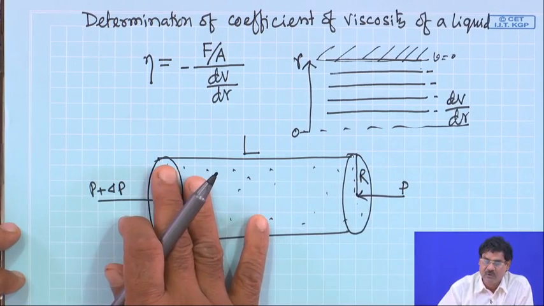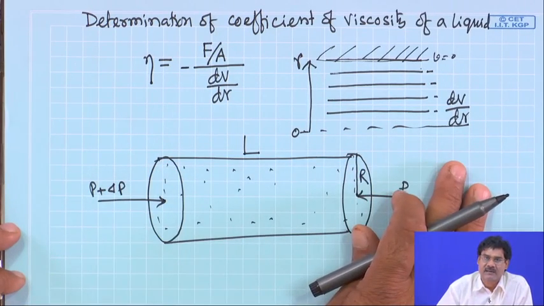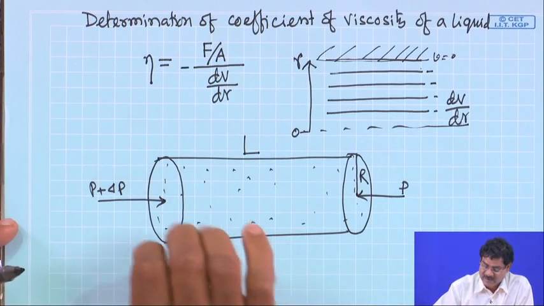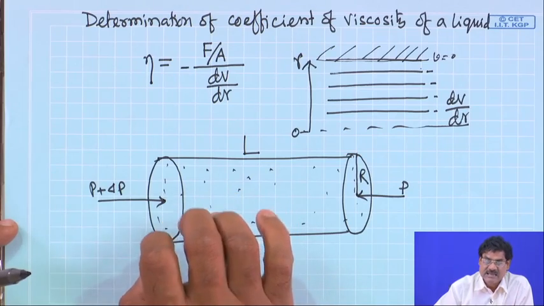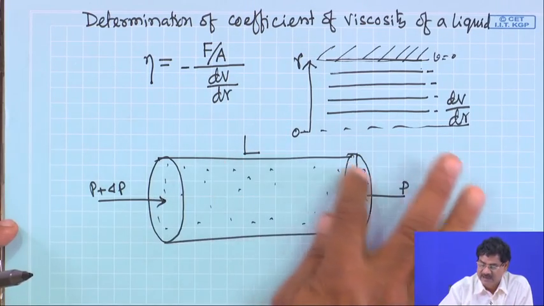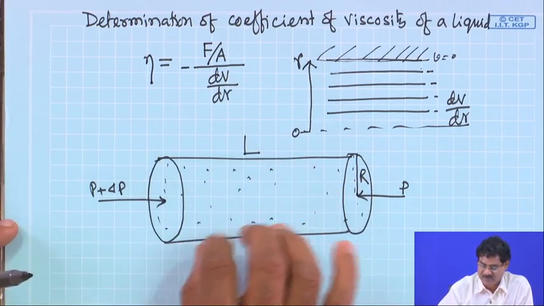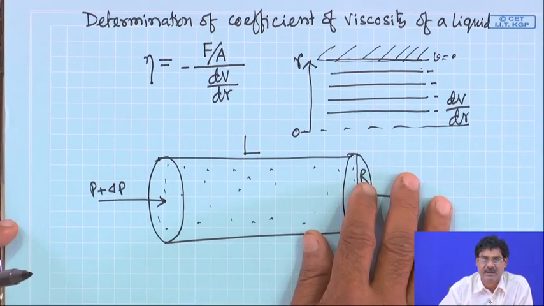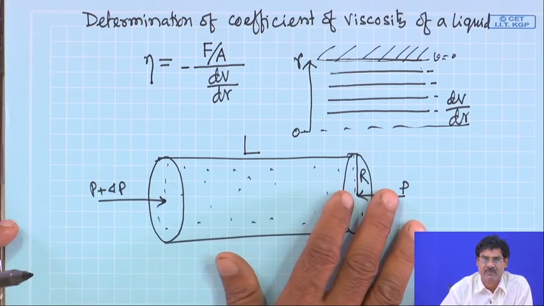Now, when liquid flows, you will get basically cylindrical layers. So, the liquid in this capillary tube is in cylindrical form.